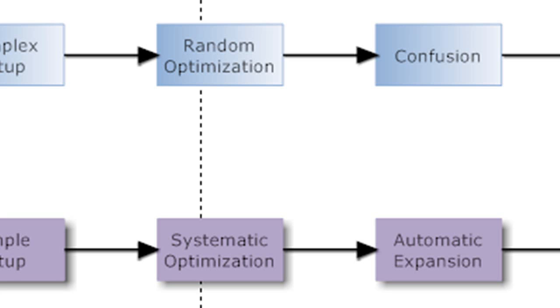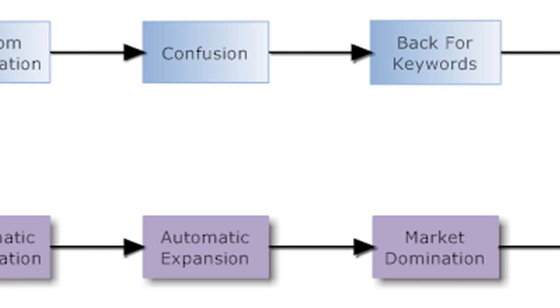And again, the amount of time it takes is just a bare fraction of what it takes with the complex system. And as you're automatically expanded out, you'll start generating market domination. The reason is, whereas everybody else is using a shotgun approach to hit all these different phrases they looked up, here you're really having a bullseye.